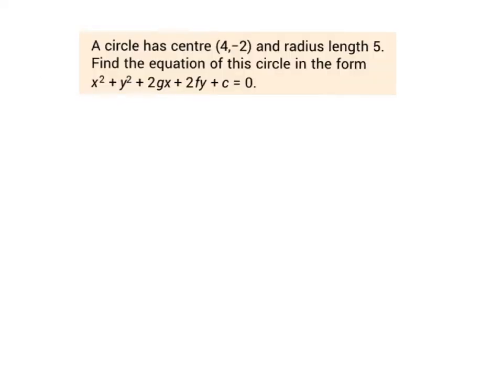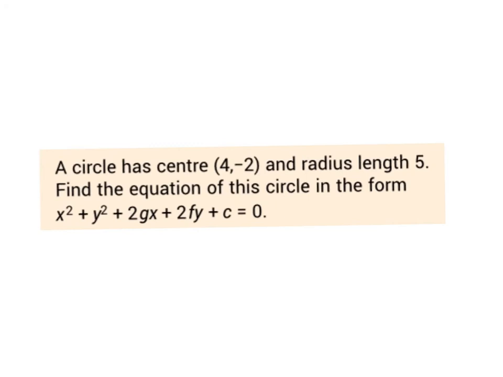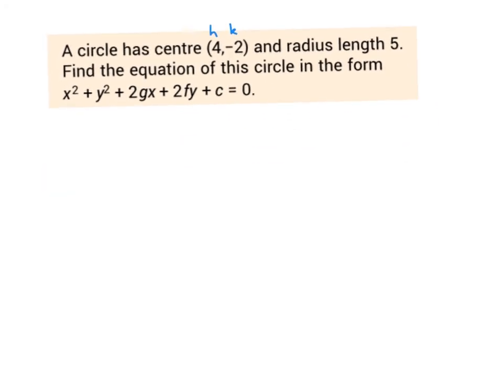Okay, so here, what's the easiest thing to do? Well, a circle has a centre here and a radius length of that, find it in this form here. Well, obviously the easiest thing is to just rewrite it in the old method and expand out the brackets. So that will give us (x − 4) all squared plus (y − (−2)), which is y plus 2, all squared equal to 5 squared, which is 25.